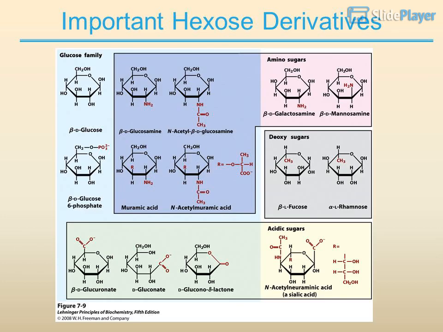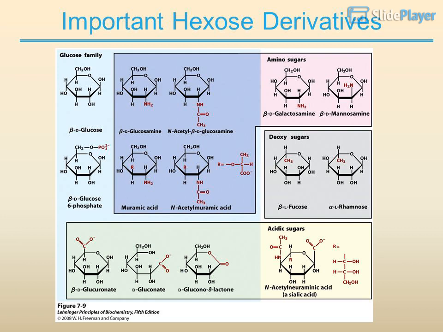Important hexose derivatives. Figure 7.9 Some hexose derivatives important in biology. In amino sugars, an NH2 group replaces one of the OH groups in the parent hexose. Substitution of H for OH produces a deoxy sugar.